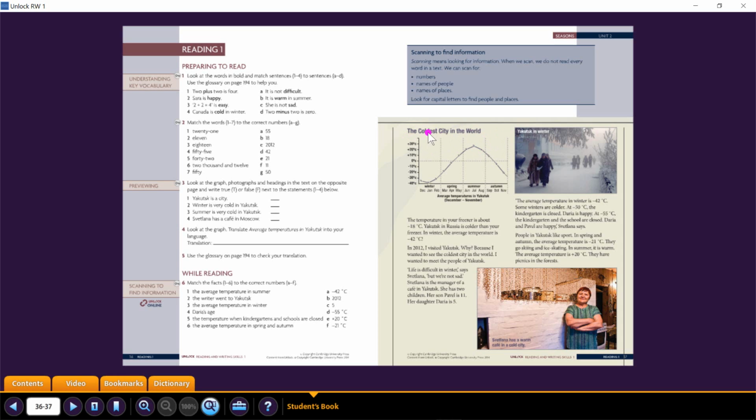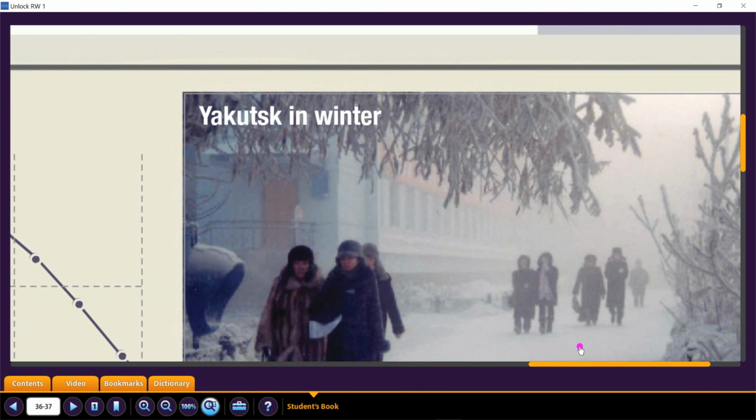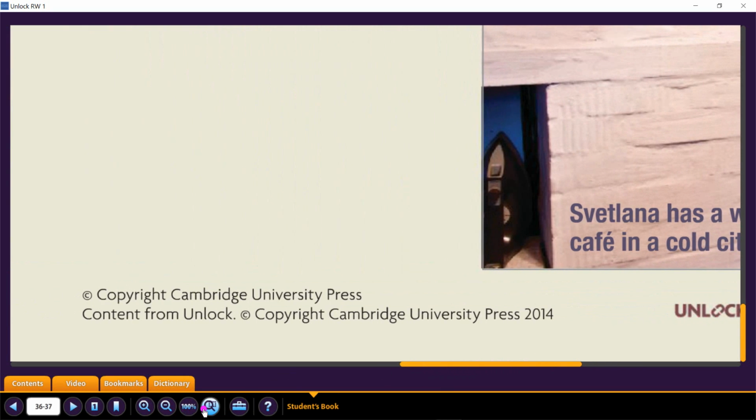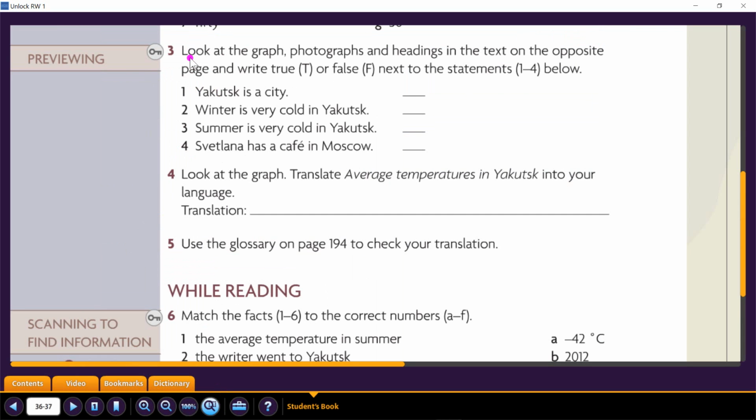Just try to take a general look, to preview quickly without reading anything. Here we have one. Here we have one. Let me make it bigger for you. Here. Also here. Also here. So, yeah, we preview everything. Now we can answer these 4 questions.